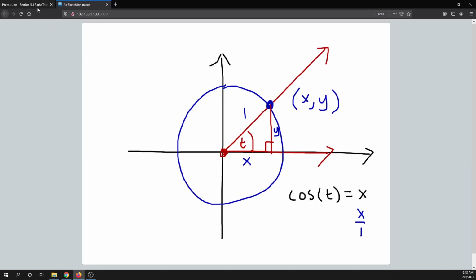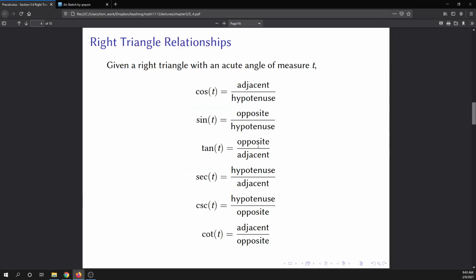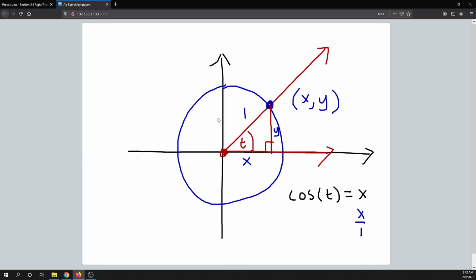And if I check that for the 5 other definitions, it's going to come out to be the same number that we're getting for all the trig functions, whether we use this triangle or whether we use this unit circle definition.